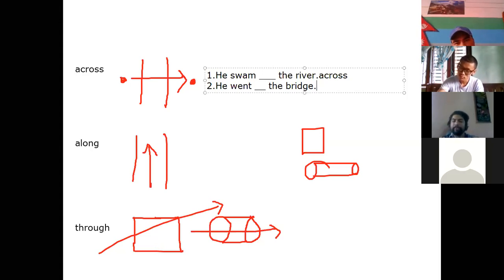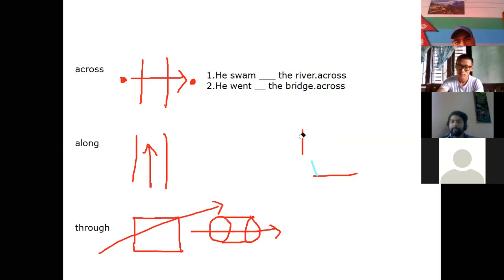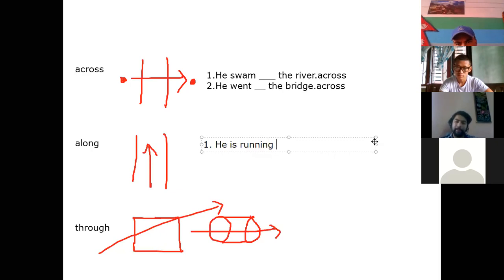So across the bridge. A student asks: along also makes sense for a bridge, sir? Yes, along also makes sense, but what is the bridge's purpose? To take you from one side to the other. So we use across.